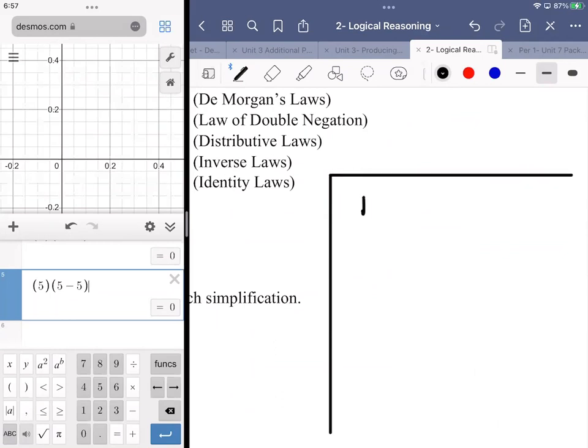All right, so let's say we have P implies Q, and then we have not Q. Then we have not P implies R. All right, and we need to draw a conclusion from this. Yeah, that should be basic enough.